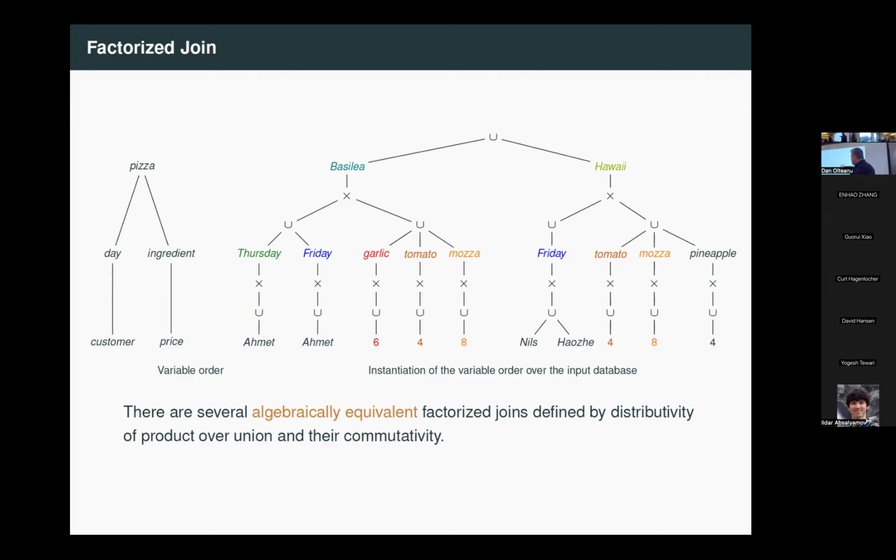So the actual instantiation of our factorization of the data, using that particular variable order, is given here. So I have a union of two pizzas, because in my data set I only had two pizzas, Basilia and Hawaii. And for Basilia, on this branch, I have the days with the customers. On the other, I have the ingredients with the prices.